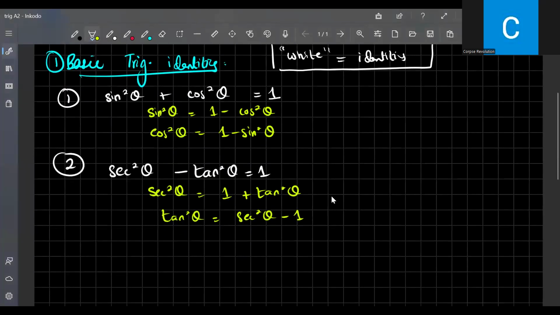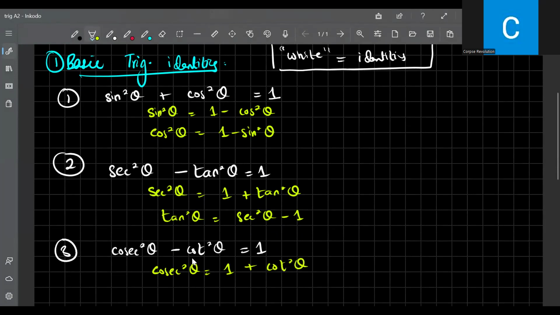And number three, we have cosec square theta minus cot square theta is equal to 1. This can be rewritten as cosec square theta is equal to 1 plus cot square theta, or cot square theta is equal to cosec square theta minus 1.